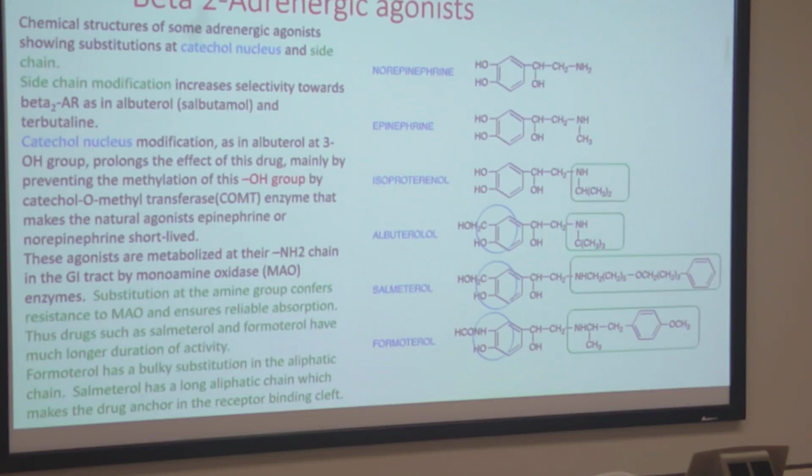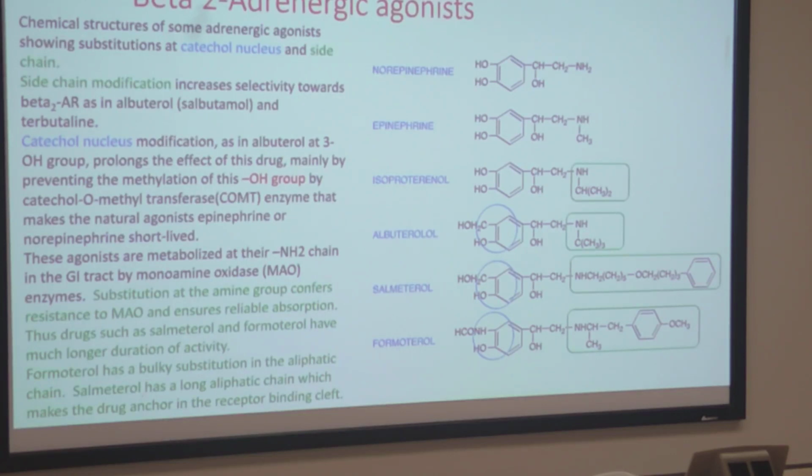Therefore, you have a more stable compound, albuterol. These are chemically synthetic compounds. They increase the potency and efficacy of these beta-adrenergic agonists, and the result is more vasodilation or prolonged bronchodilation. That means the patient gets relief for a longer time period.